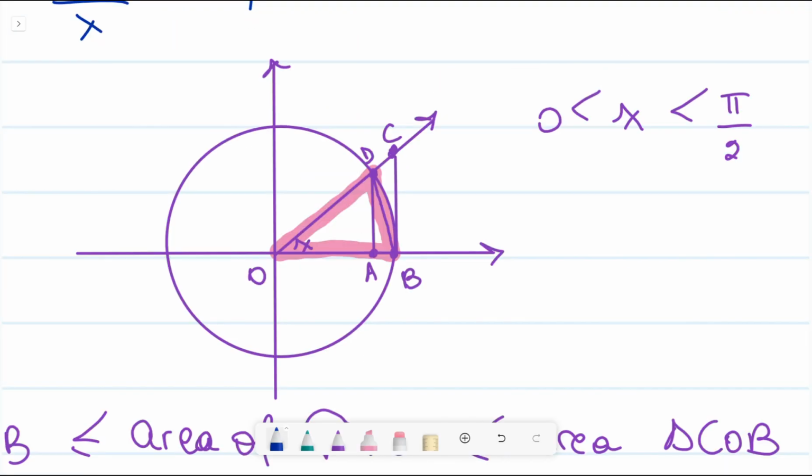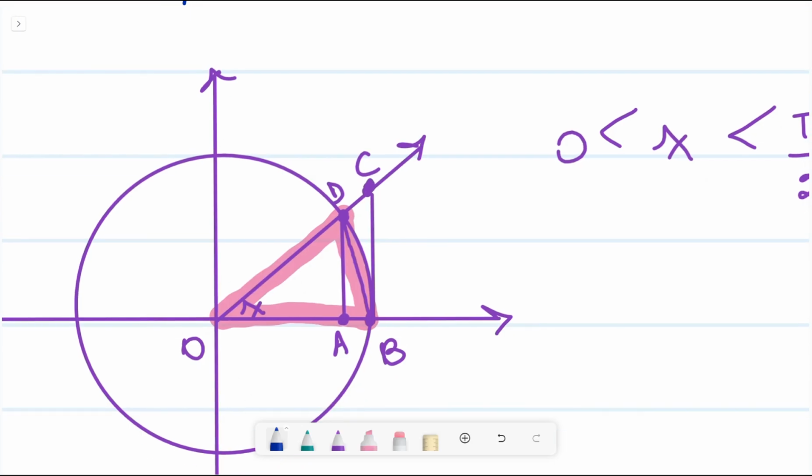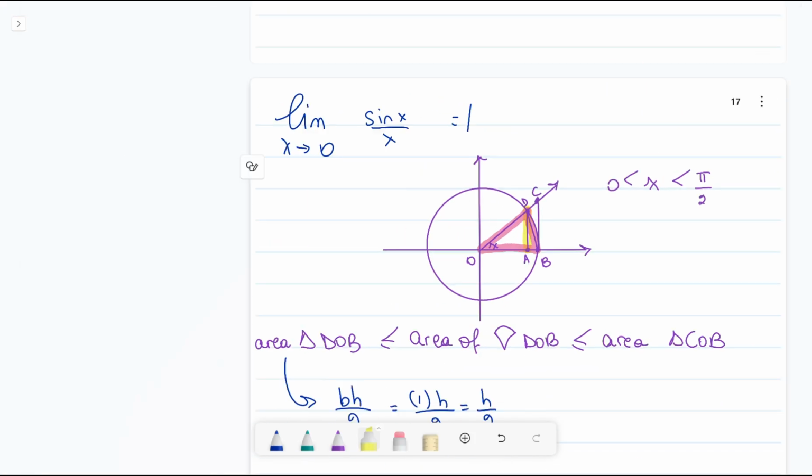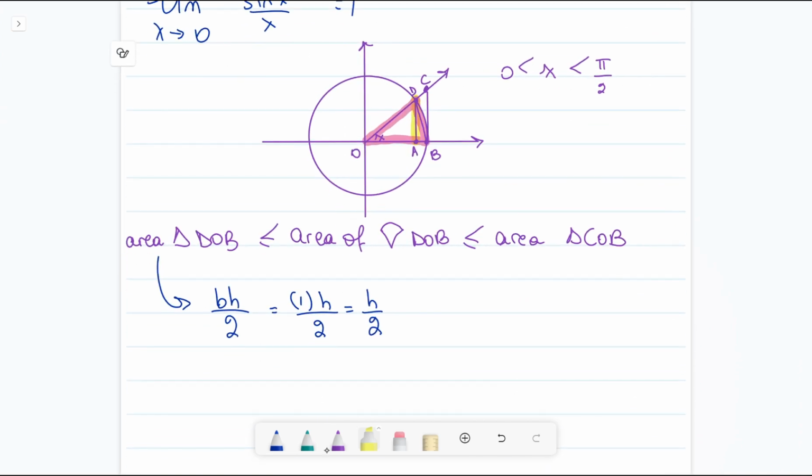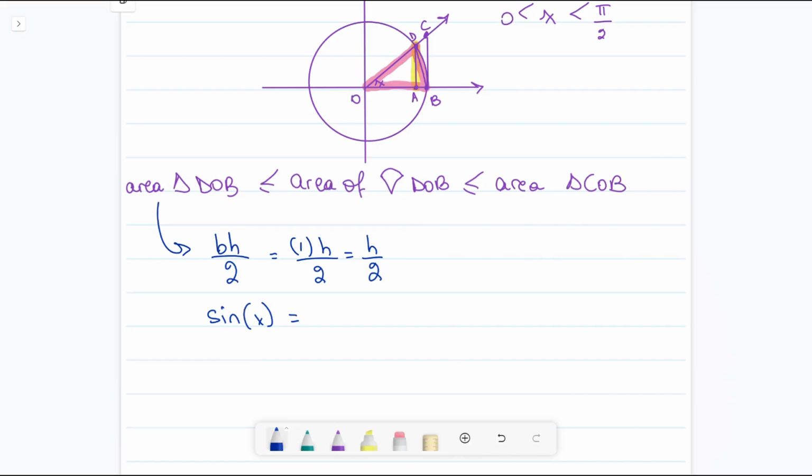Now what is the height? The height, if we look closer to this triangle, the height I will highlight in yellow is this dA. How can we find dA? We can note that sine of x is equal to opposite over hypotenuse.